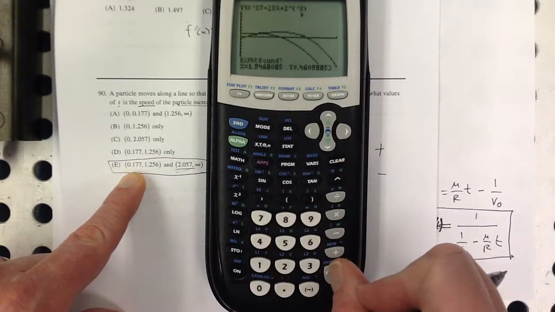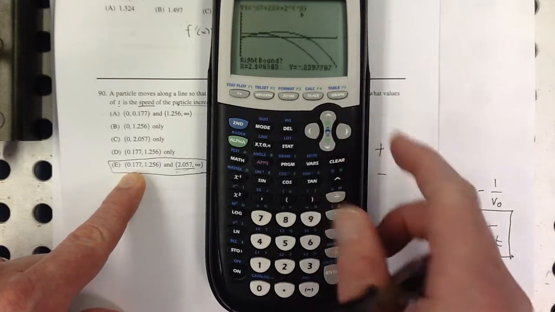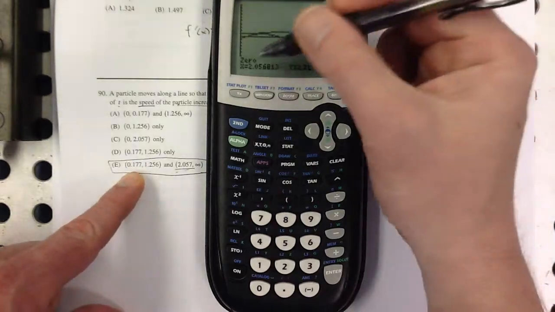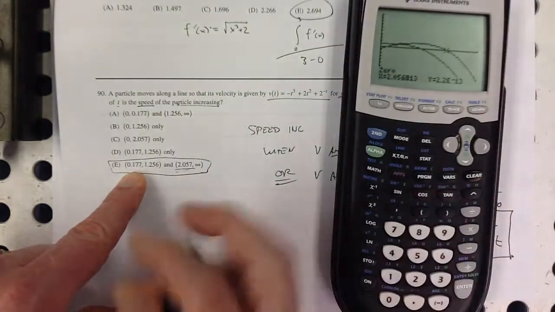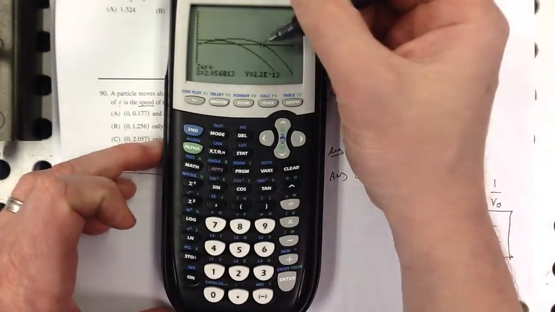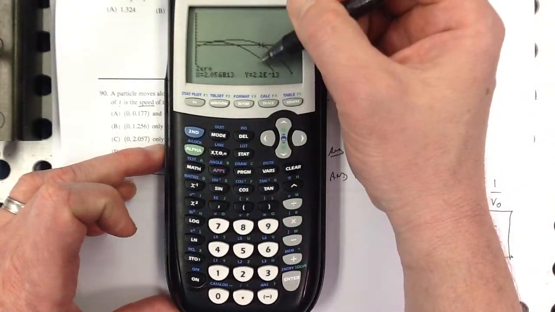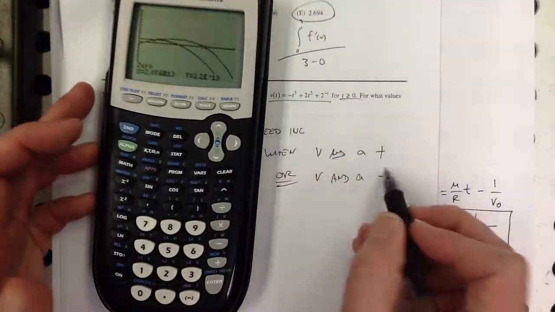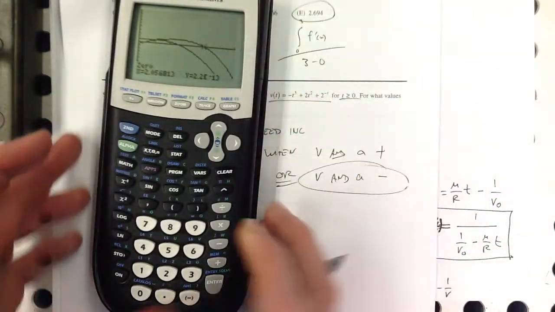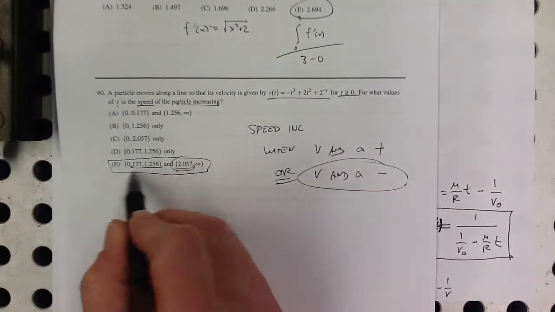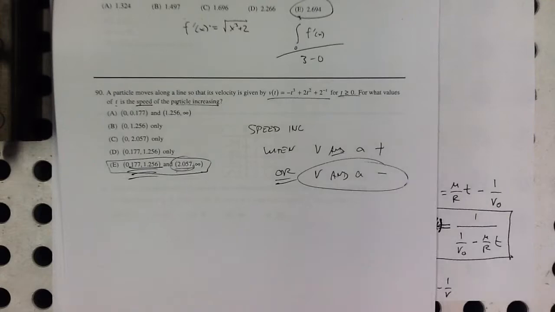So right here, yeah, that's 2.057. So this is the only answer here. As long as you're confident that it's definitely all the values greater than this, because V and A are both negative, so it's got to be this, and you can see that little spot that crosses. You can check those if you want to, but that's definitely going to be the right answer.